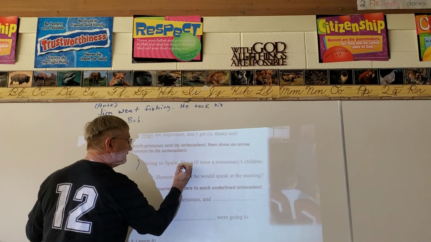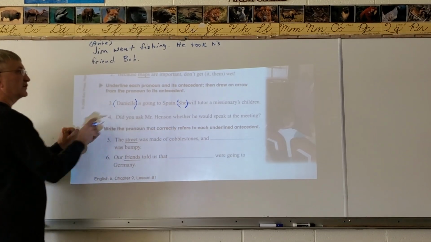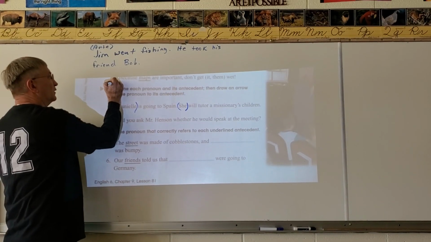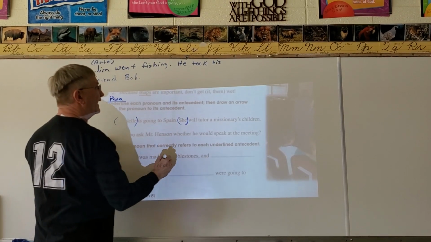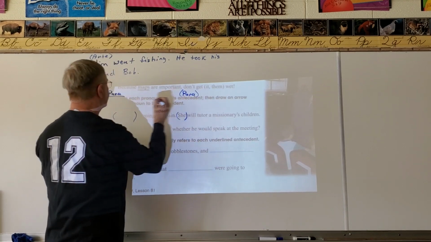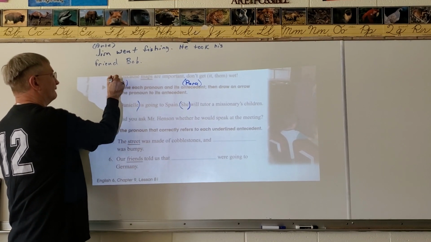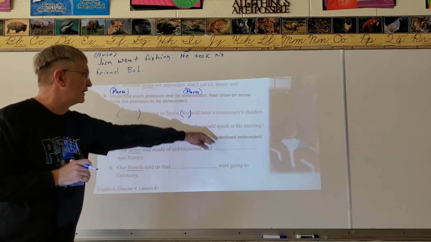She, so I'm going to put my parentheses around that. She refers to, so instead of underline, we're going to put parentheses. And parentheses. All right. She will tutor a missionary's child.